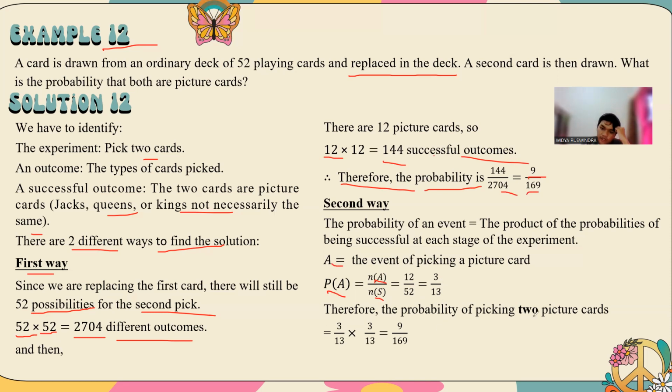Therefore, the probability of picking 2 picture cards is 3 over 13 times 3 over 13, which is equal to 9 over 169. So the probability that both are picture cards is 9 over 169.